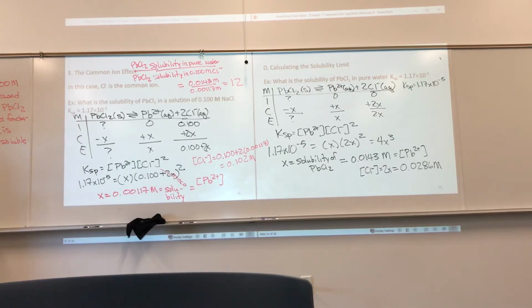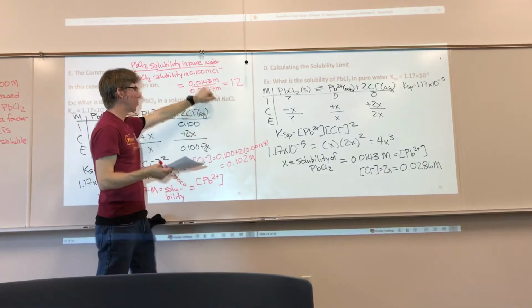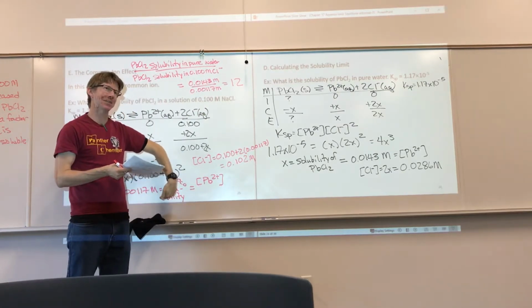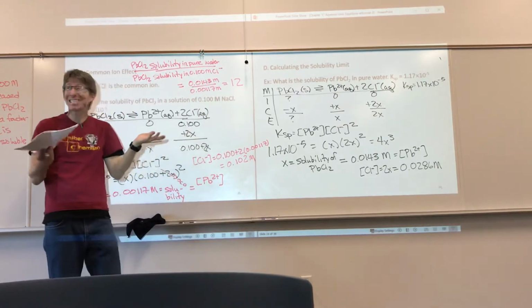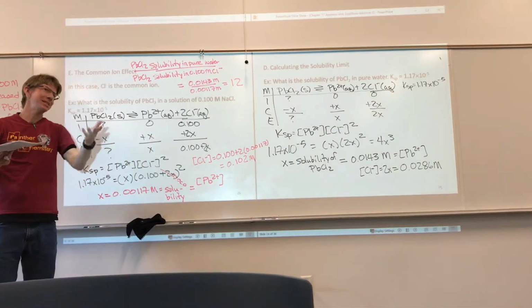It's not an English class, but I feel good about that statement, like that's how I want to say it. I controlled the solubility and decreased it by a factor of 12. Right? Because really what I don't want is to know how much more soluble it is here. I want to know how much less soluble it is here. If that makes any sense, but that's what I did.